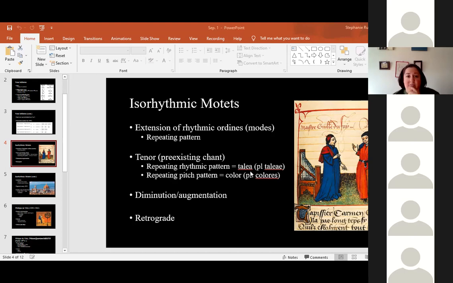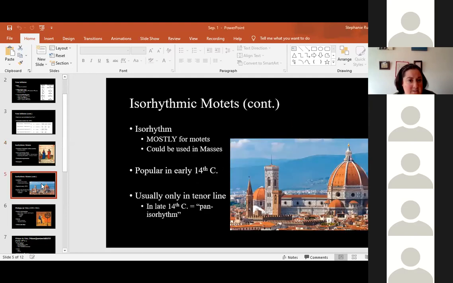And isorhythm at first did only happen in the tenor line. So only the tenor line had these repeating patterns. But in the second half of the 14th century, some composers did this thing called pan-isorhythm, where all of the voices in the motet are organized according to talia and colores. So one example of an isorhythmic motet that I asked you to check out for today, come on.